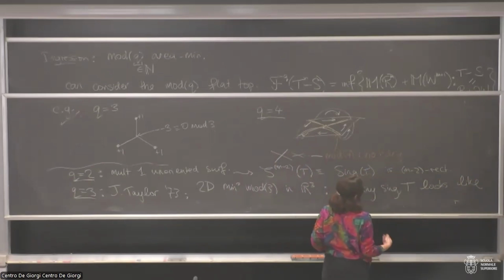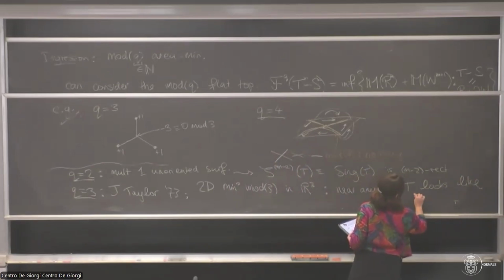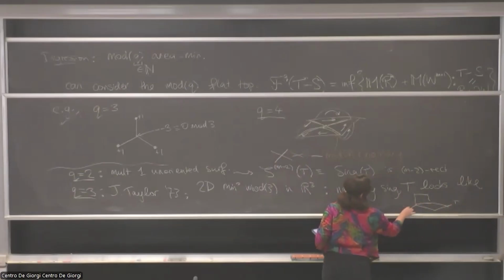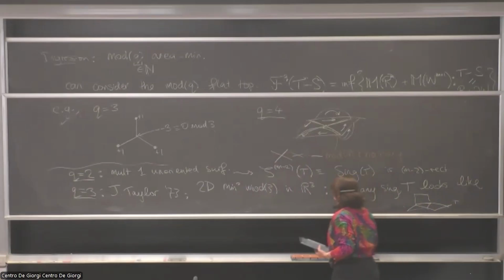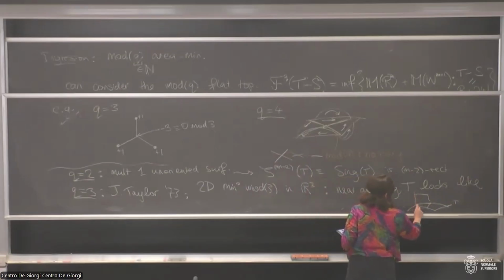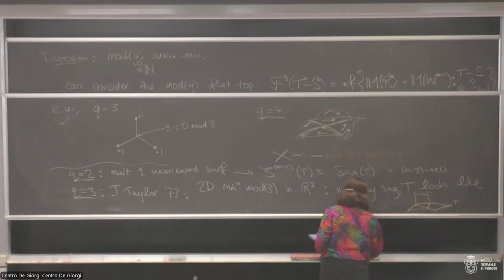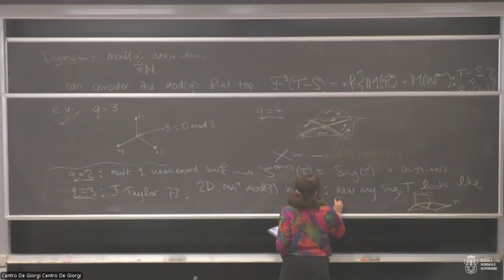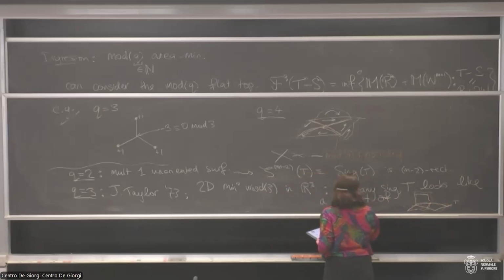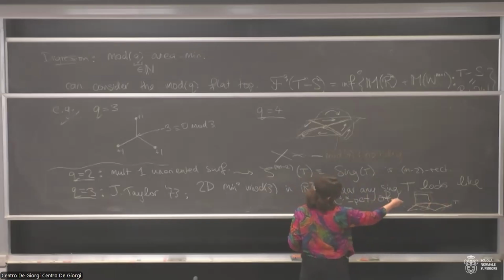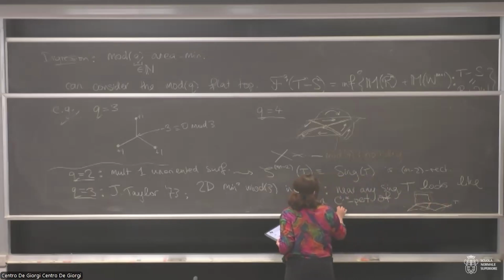It's a C^{1,alpha} perturbation of, let's say, you have your triple junction cone, and then you have a C^{1,alpha} perturbation of this for your surface. So it looks like a C^{1,alpha} perturbation of the unique tangent cone, which is a triple junction.